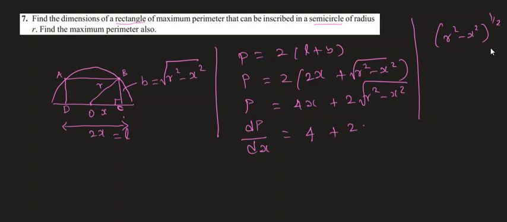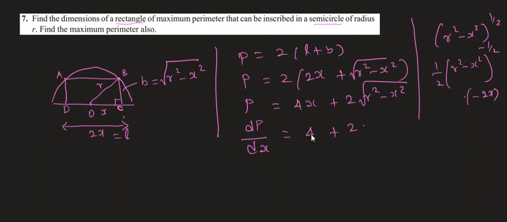To differentiate, we introduce 1 by 2, then r squared minus x squared to the power half minus 1, that is minus half, and by chain rule the derivative of the bracket is minus 2x.